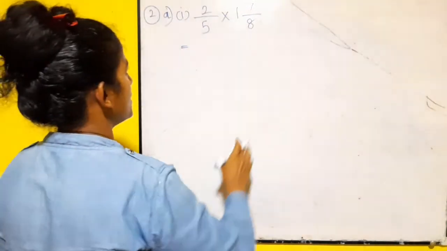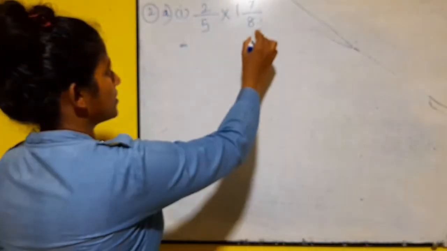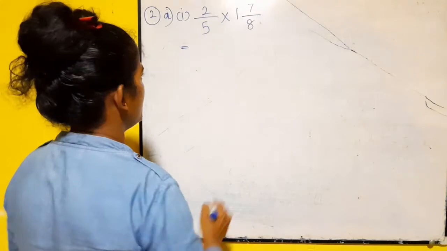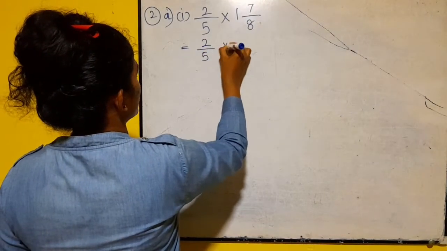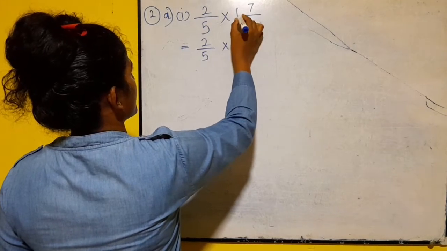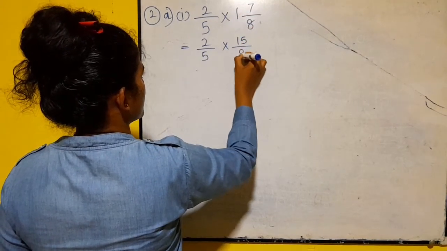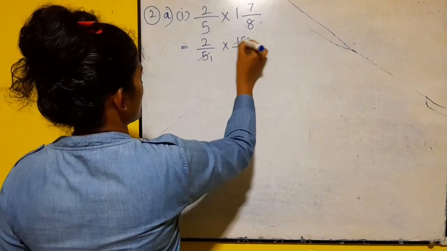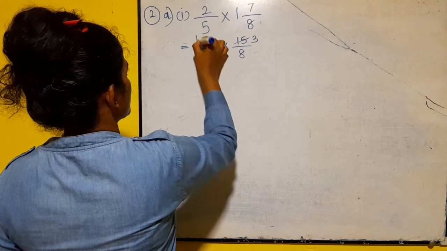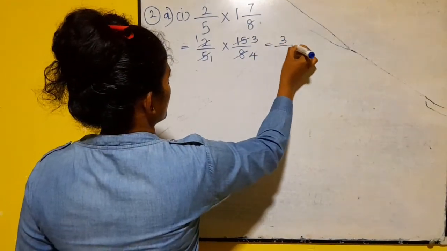The first thing is you have to convert this mixed number into an improper fraction. 2 over 5 multiplied by 8 times 1 is 8, 8 plus 7 is 15, so 15 over 8. Now we will remove the common factors: 5 times 1, 5 times 3, 2 times 1, 2 times 4. Then the last answer is 3 over 4.